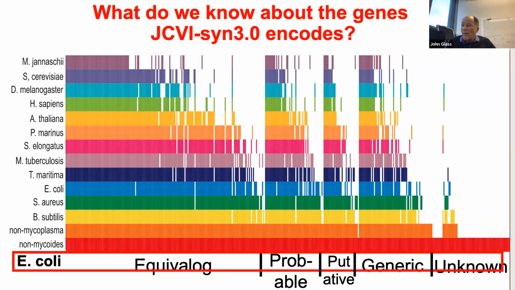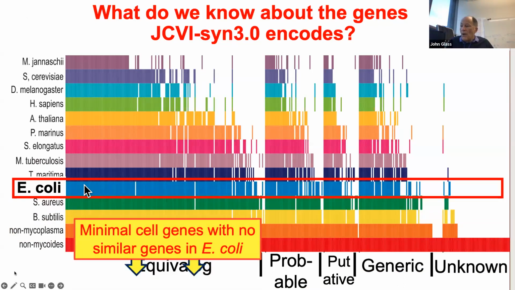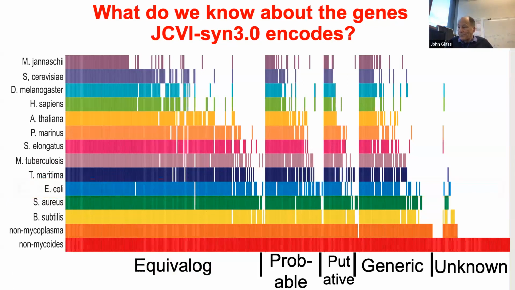Let's look at E. coli here. If E. coli had, for whatever gene this is here, a very similar gene, that gene would be colored blue. Whereas if a particular minimal cell gene didn't have a similar gene in E. coli, it would be a white spot.